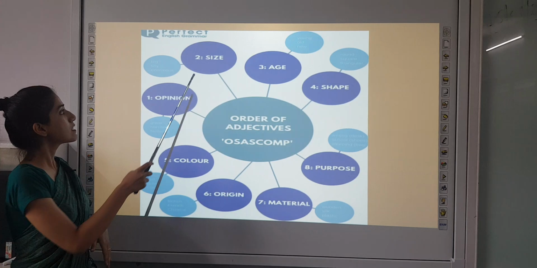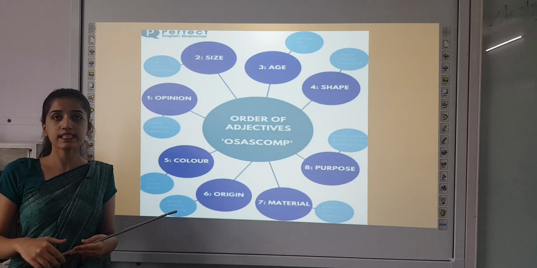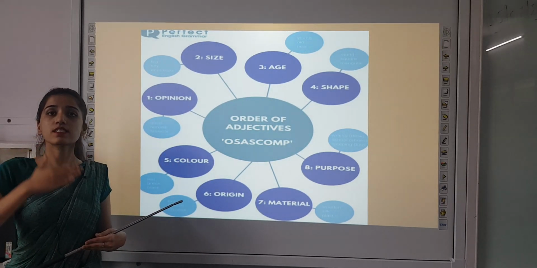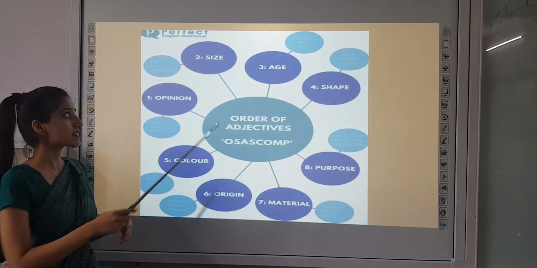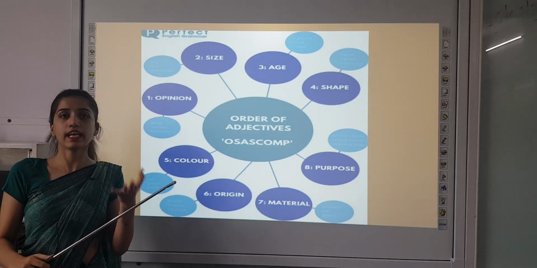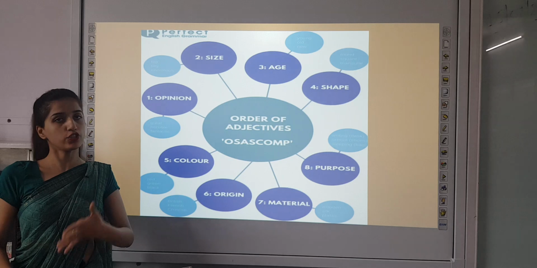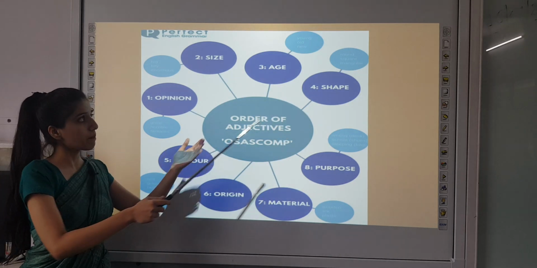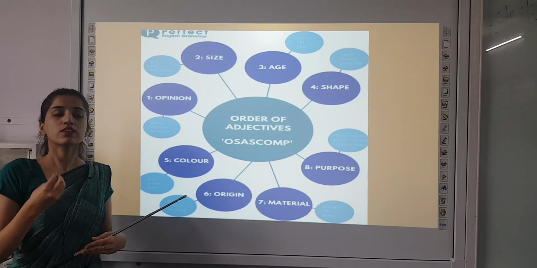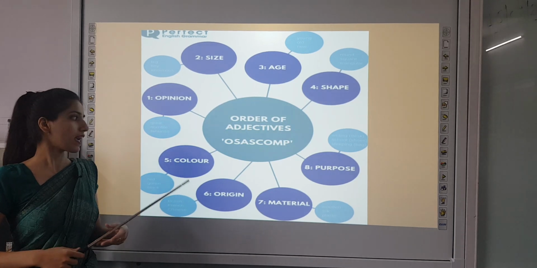Second is the size. Size can be big, small, huge. Now the third is the age. Age can be young, new, and fourth is the shape. Shape can be oval, rectangular, triangular, anything.